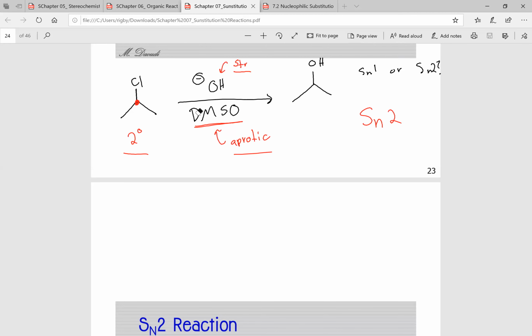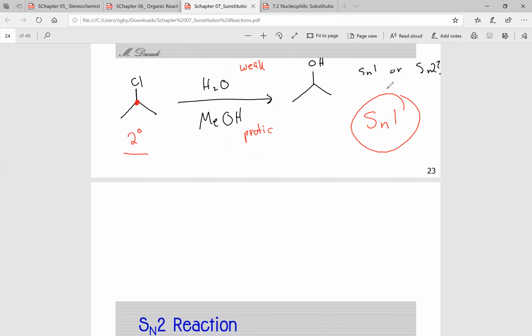So let's say that instead of all of this, we had H2O and methanol, okay? Here we see a weak nucleophile and a protic solvent. So now instead of Sn2, this is going to be Sn1, okay?